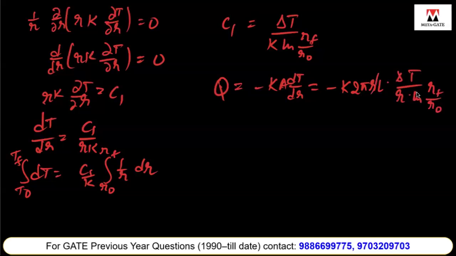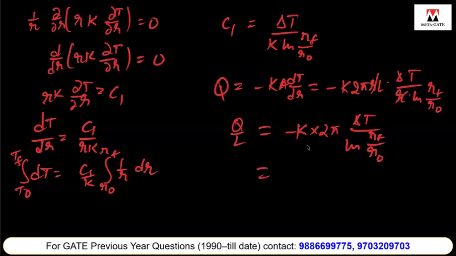So this r and this r get cancelled. So you get minus k into 2 pi into, here it is given as rate of loss per unit length, so L will be sent this side, and delta T by ln rf by r naught. So substituting these values, we get, let's substitute these values.